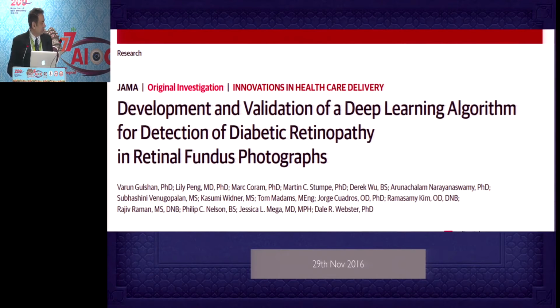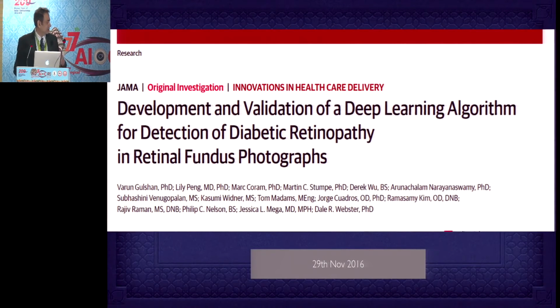And this was one of our first papers with Google, where Dr. Kim and I from Aravind and Sankara Nethralaya, along with the Google team, first showed that the deep learning algorithm for diabetic retinopathy works pretty well and with very high accuracy.